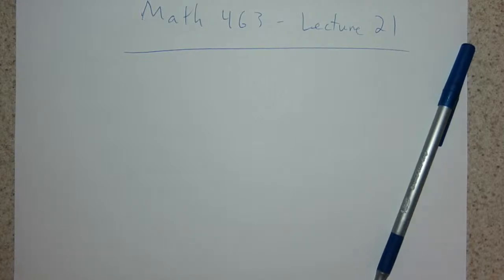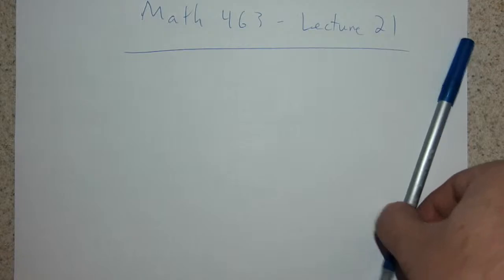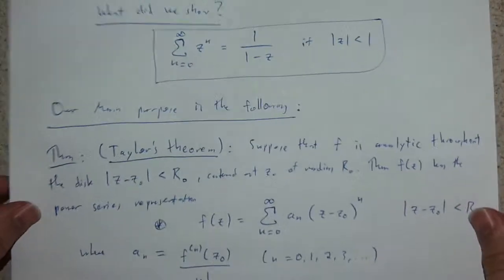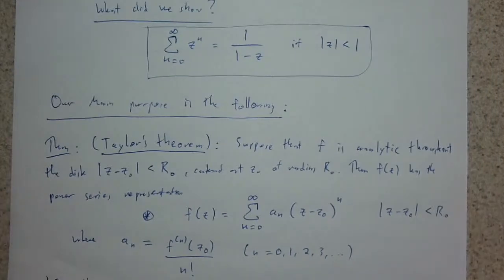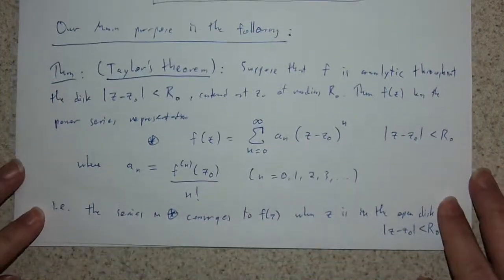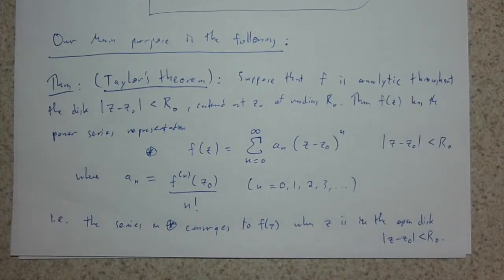At the end of lecture yesterday, I had stated Taylor's theorem and said a couple things about it, but now I wanted to talk a little bit more about it. Here's the statement of Taylor's theorem back on the screen. So suppose that you have an analytic function throughout some disk centered at z0 of radius, say r0.